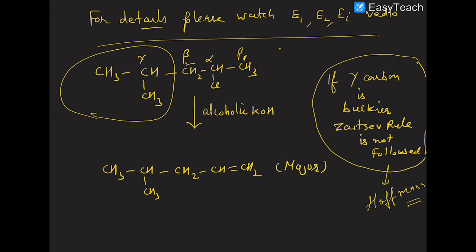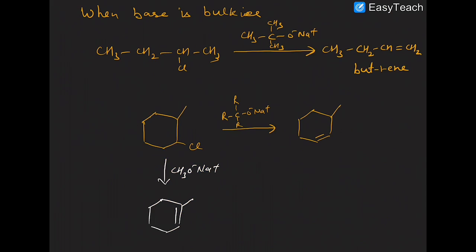So steric repulsions are present at the beta 2 carbon, but no steric repulsion is present at the beta 1 carbon. So you get the formation of 4-methylpent-1-ene as the major product in this case.